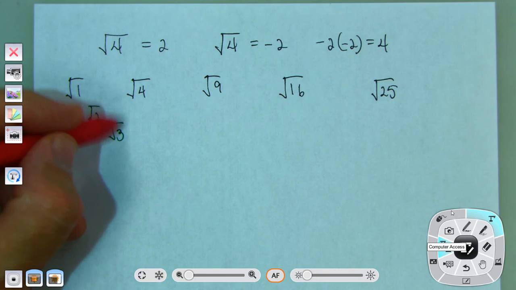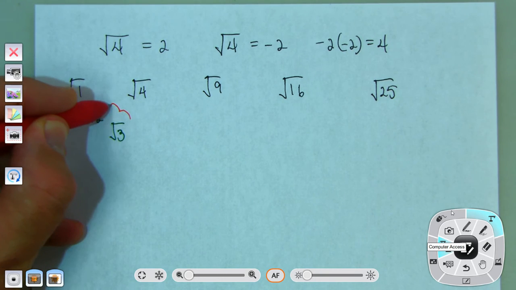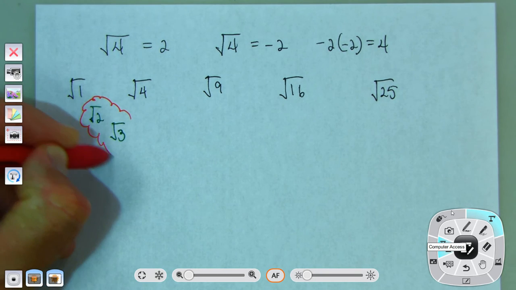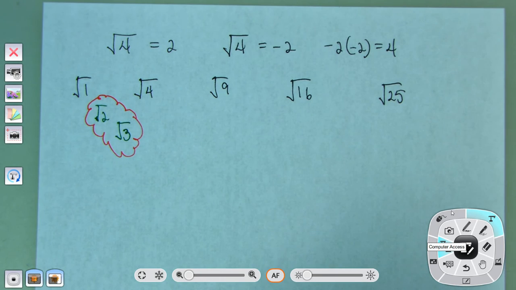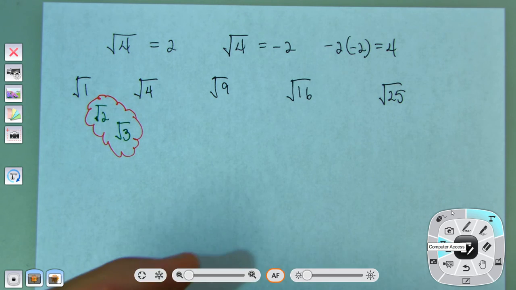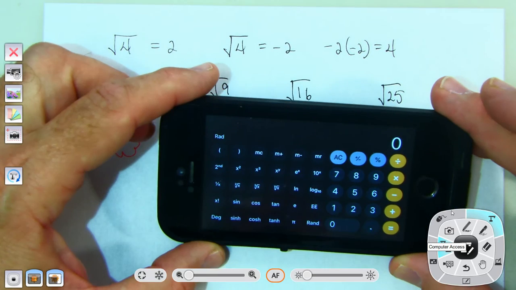Yeah, these, if you put those in a calculator, let me just take my handy dandy cell phone calculator here. And let me put in my cell phone calculator so you can see it.